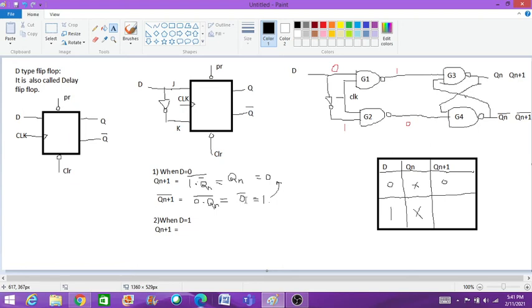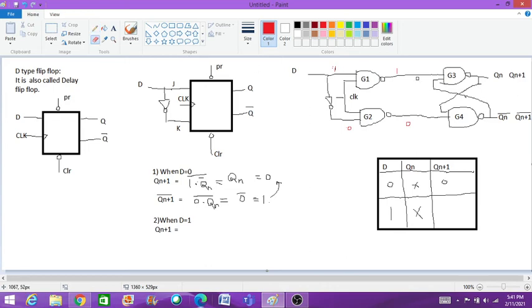What will be Qn plus 1 when D is equal to 1? When D is equal to 1, it is passed to this circuit, and this will be treated as 0 because the NOT gate will convert this input to 0.